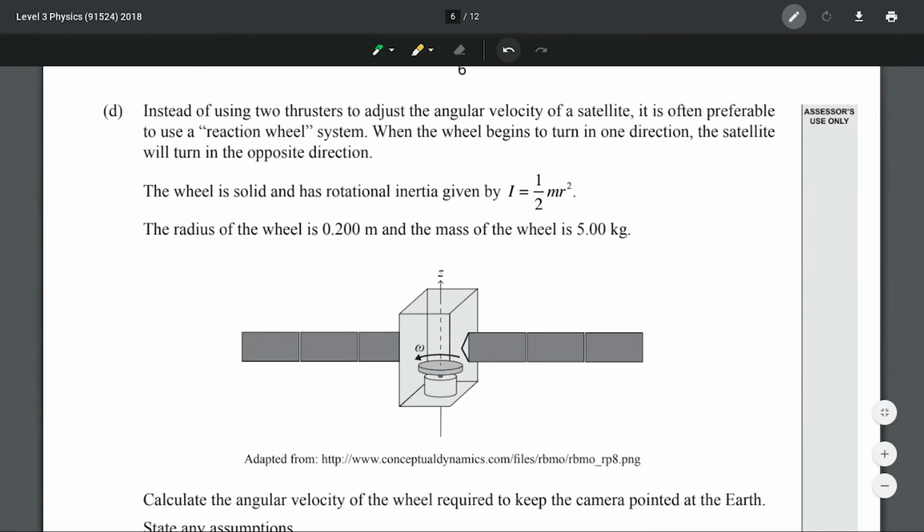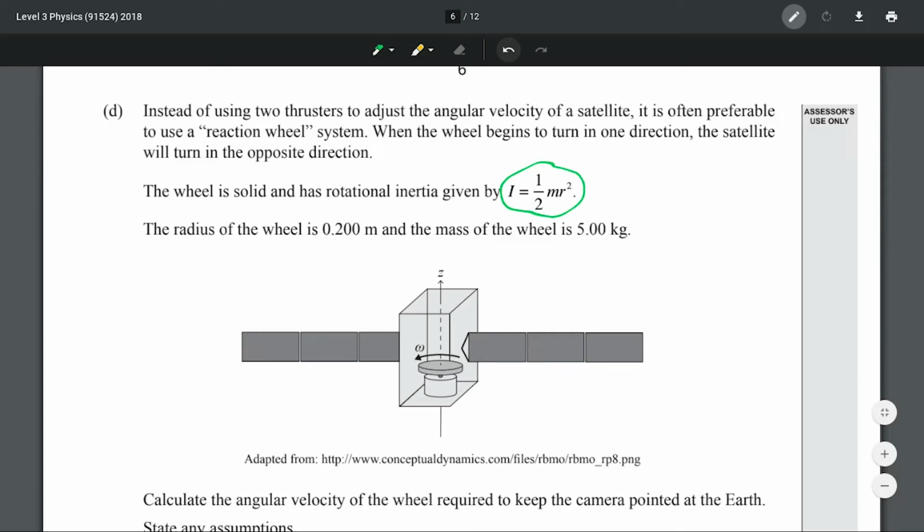Instead of using two thrusters to adjust the angular velocity of a satellite, it is often preferable to use a reaction wheel system. When the wheel begins to turn in one direction, the satellite will turn in the opposite direction. The wheel is solid and has a rotational inertia given by this equation here.